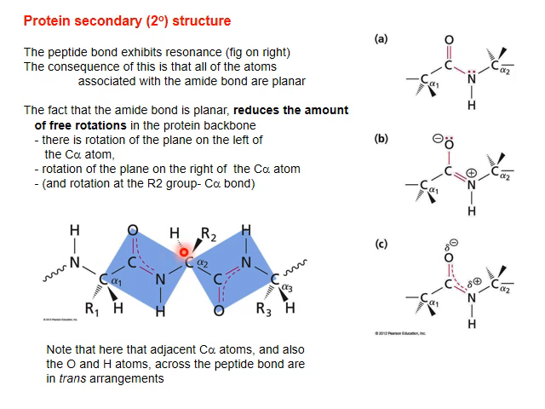There's rotation of these planar regions along the backbone. So there's not going to be any rotation in the amide bond or the peptide bond itself. No rotation here, but there is rotation here and there is rotation here. So these things can start to fold up and rotate.